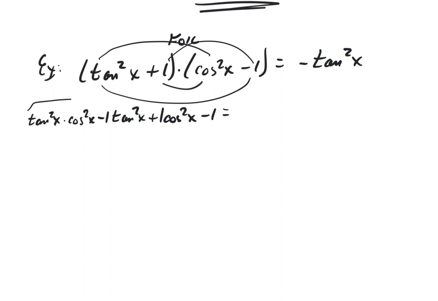But this first term is going to simplify pretty nicely. If we replace tangent with its quotient identity, tangent is equal to sine divided by cosine. So therefore, tangent squared is equal to sine squared divided by cosine squared. Okay?